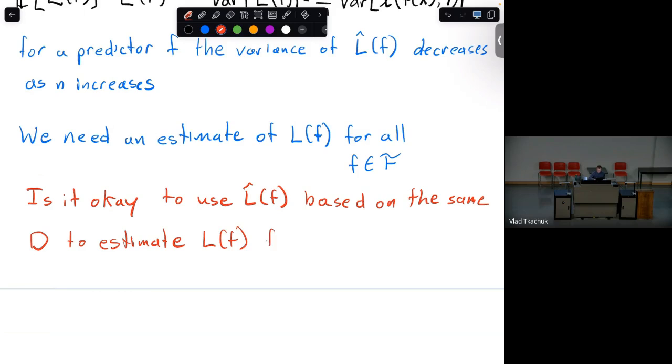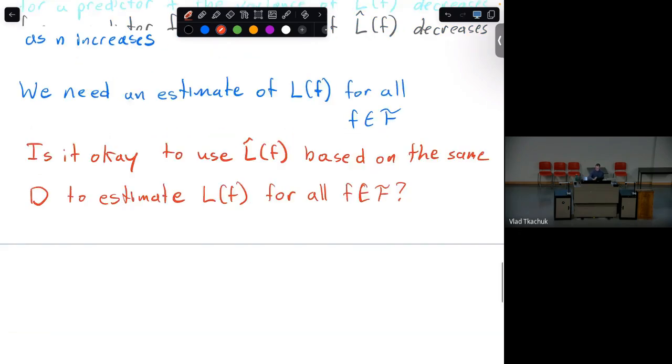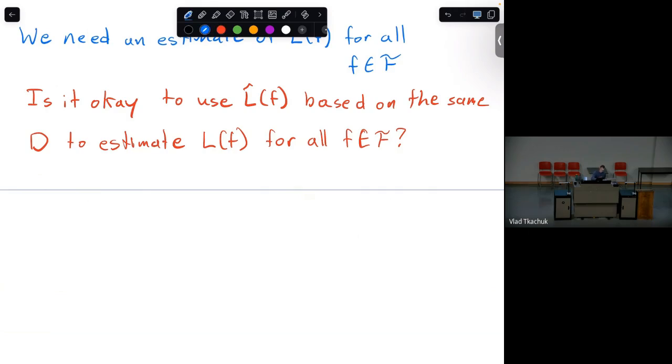And the important thing is, is this okay if we do it for all f? I'll give you the answer, which is an unsettling one for now: it depends.